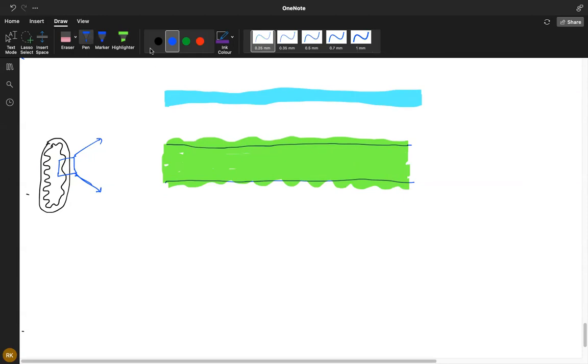So if this is the outer membrane of the mitochondria, and this is the inner membrane of the mitochondria, what is the space in between called? Can I call it the intermembrane space?